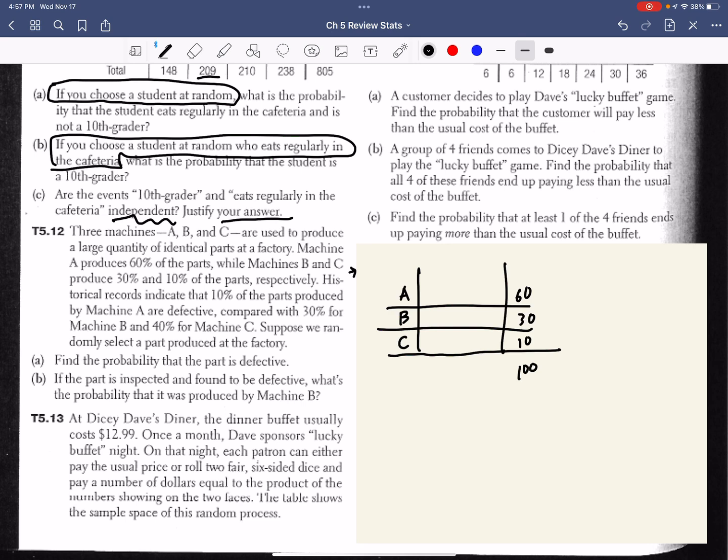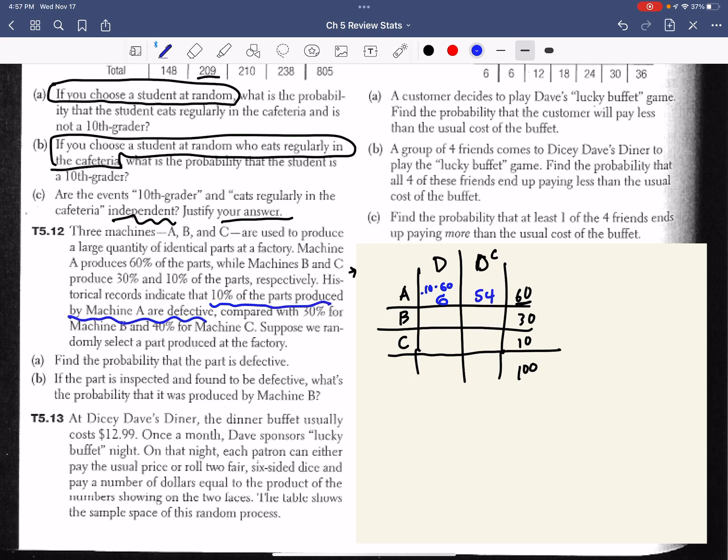Historically, records indicate that 10% of the parts produced by machine A are defective. That means 10% of 60, which would be 6.